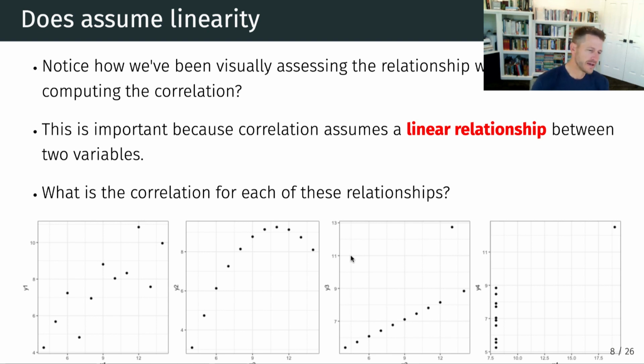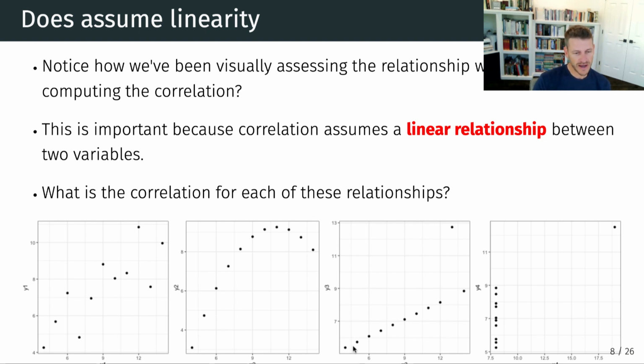In each plot, we have an X value and a Y value, and we have some data points. In the first plot, there is a fairly linear increasing relationship between the two. But the second plot definitely has a nonlinear, curved relationship.